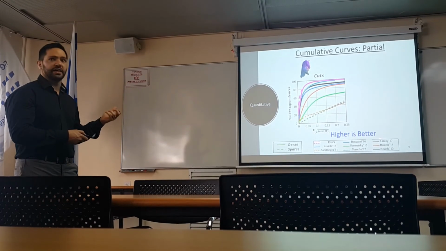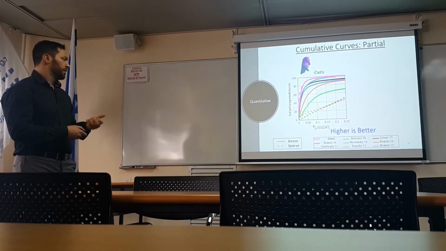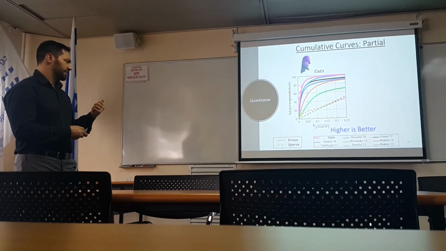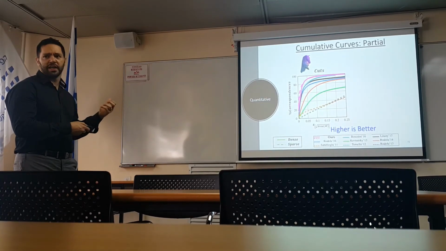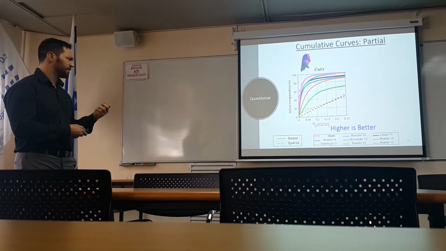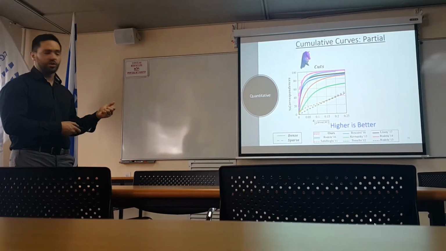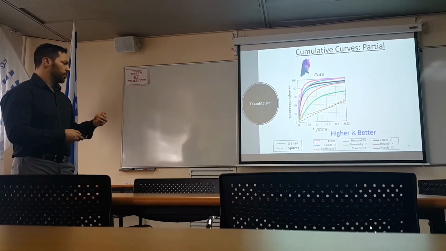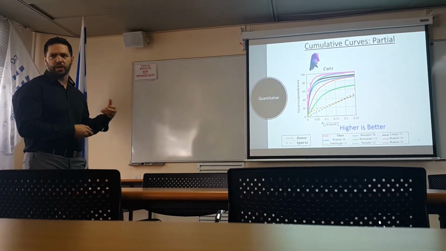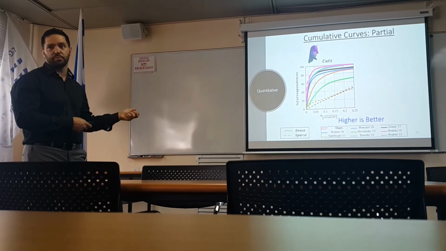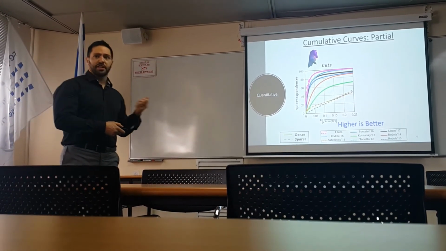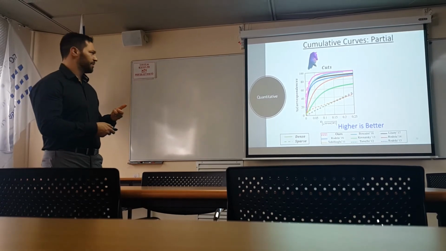Like it is written here, higher is better. You have dense correspondences denoted by a full line, and you have sparse correspondences denoted by dotted lines. And ours is in magenta here. We report both because our pipeline outputs sparse correspondence and we then densify them.